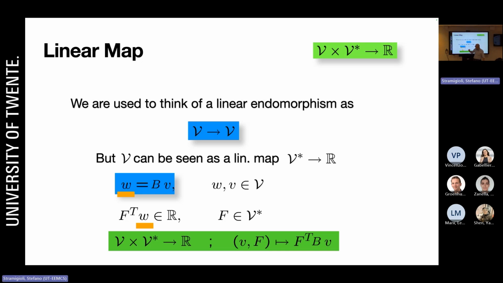So you see what I can then do, I can use this. I can say, well, I give you a velocity and a force, okay? And multiplying the V times B, I get this W. And then what is left, I multiply it on the force to give the real number. Okay, so you see that saying that these things have an index up and an index down means it is a linear map, but you can also see it from the notation.